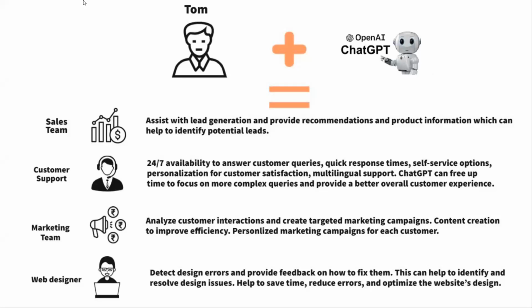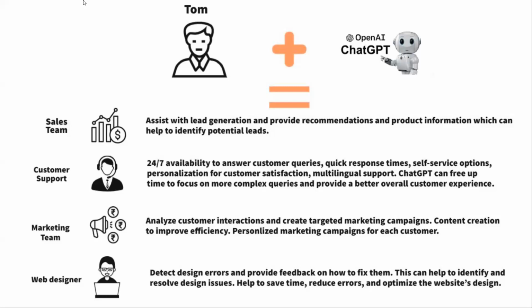Now, customer support. Imagine a company without 24/7 availability for customer support. That's going to be really dangerous. But ChatGPT is going to have 24/7 availability to answer customer queries. Due to time difference, like today, right now, it's 5:46 a.m. in Sydney, Australia, and it's Monday morning.